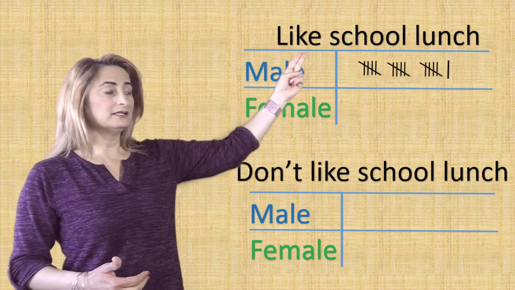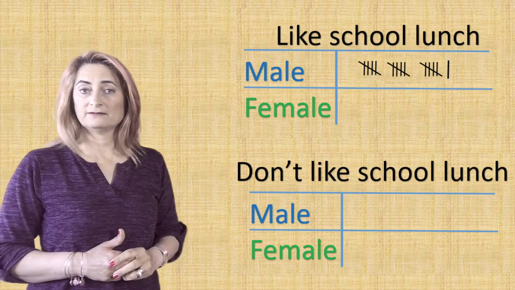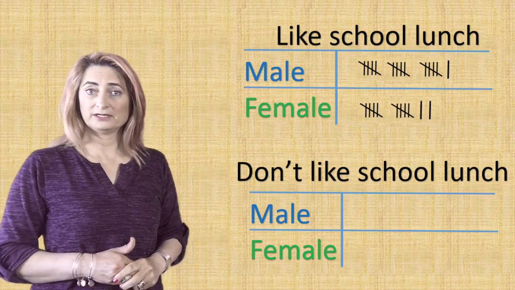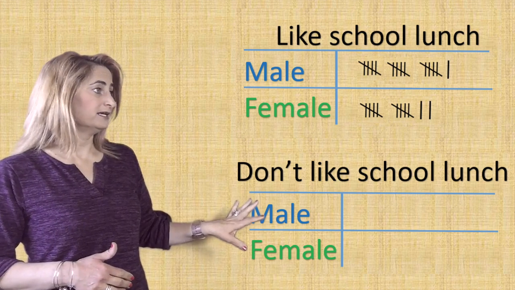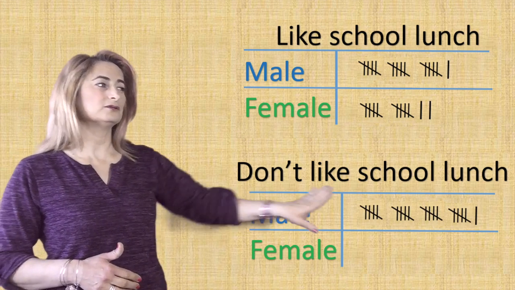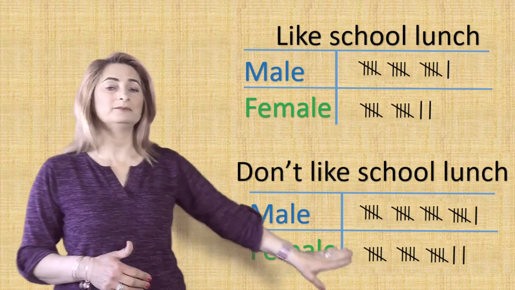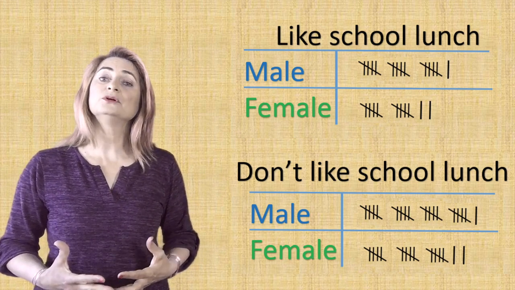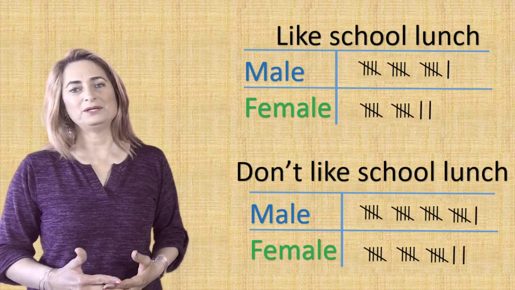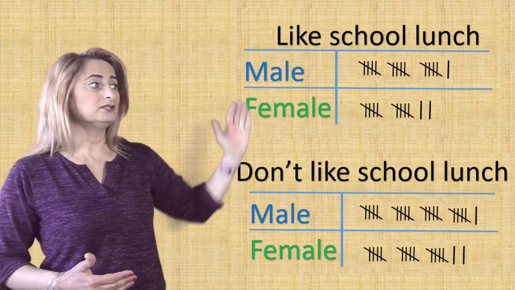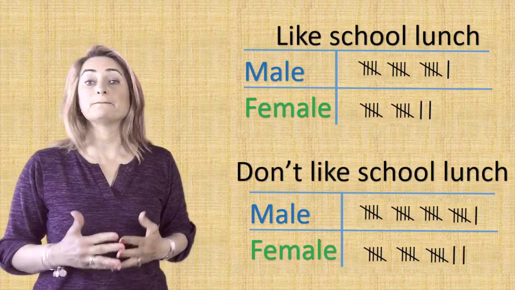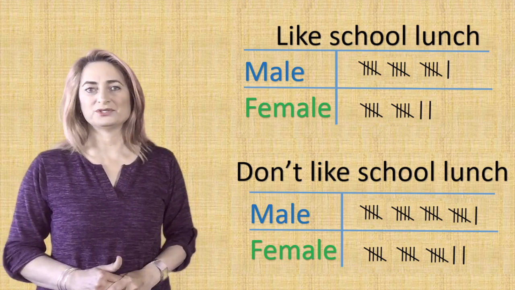Number of males in each bundle is 5, and number of female with a tally mark. Again, for the second table, same thing. Now it's easier to see how many people like school lunch and how many people did not like school lunch. But still, I can make it much easier to read using numbers.